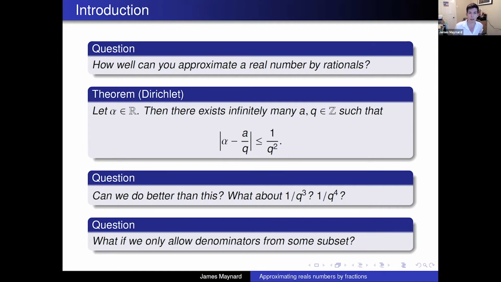So a natural question is, can you improve on Dirichlet's theorem in the same way that Dirichlet improved upon the trivial bounds? And a second question is that Dirichlet shows that any real number can be encoded by this sequence of efficient approximations. One might ask, what sort of numbers actually occur in these approximations, and what is the arithmetic structure of these approximations and these denominators? For example, what happens if we only allow denominators from some particular subset of the natural numbers?